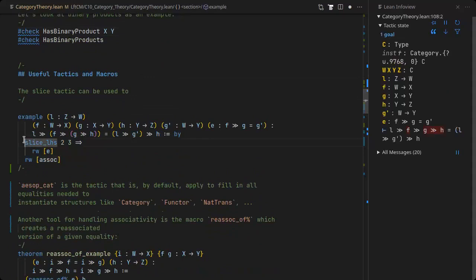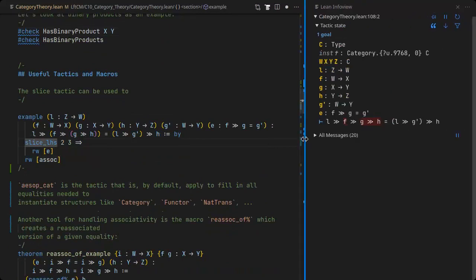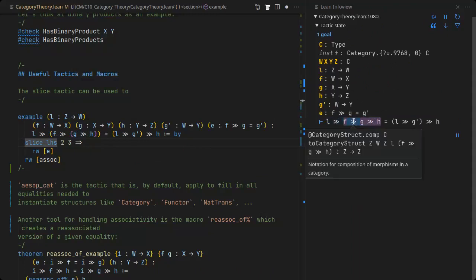There's one tactic which is called slice. You see in the goal view that associativity is implicitly bracketed to the right. Here in the file we've bracketed it explicitly, and then the brackets disappear here, and you also see the hovering.